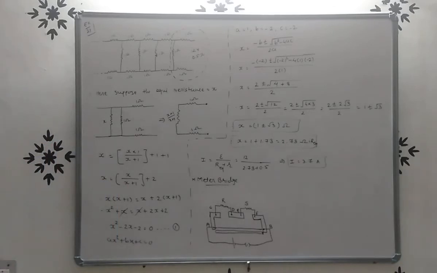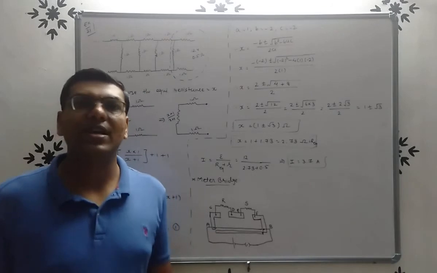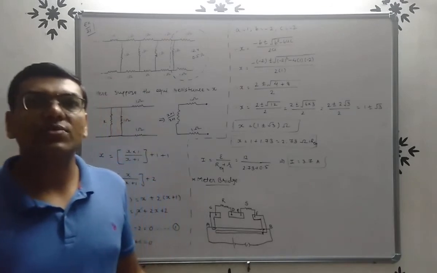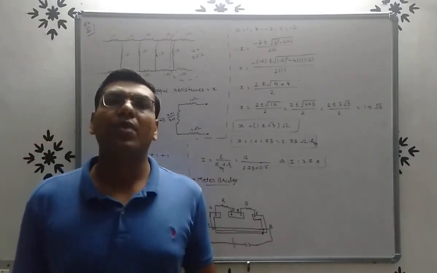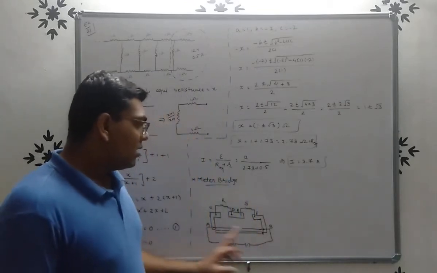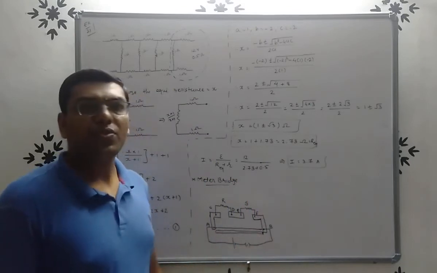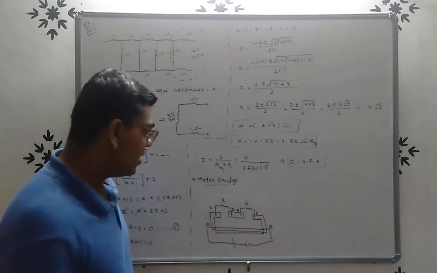So friends, this is the mechanism, or we can say diagram, of meter bridge, right. Here in meter bridge there is a wire having specific resistance, or we can say resistivity. This wire having a length of 1 meter, or we can say 100 centimeter. The wire is tied between these two steel plates, right.